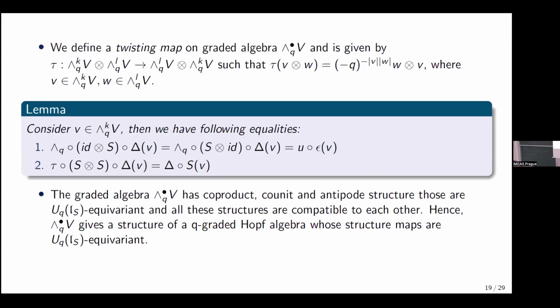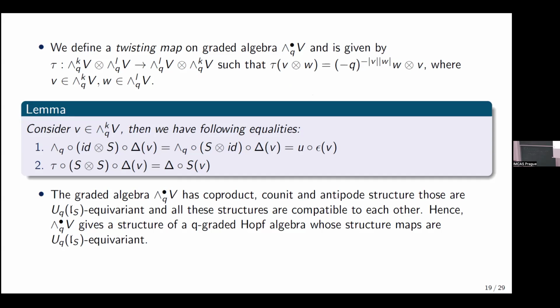And then we have the following lemma here, which tells you about the interaction between the antipode, the multiplication, and the co-multiplication, all the structure maps we need. And the second is another structure map relation. So here tau is the flip, but it's twisted by some q's.